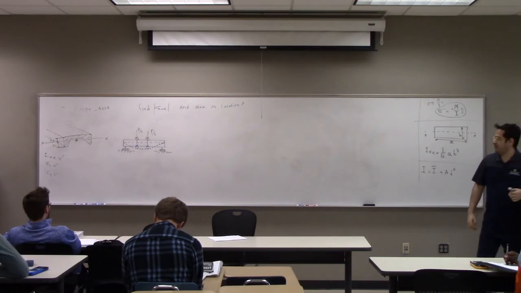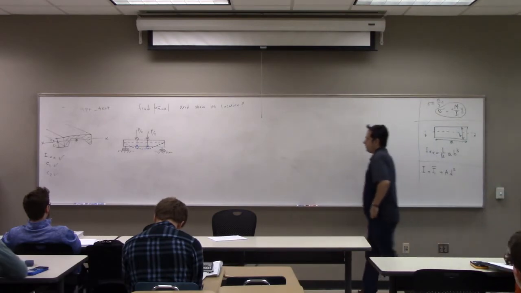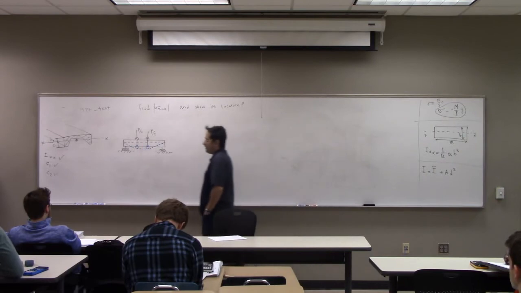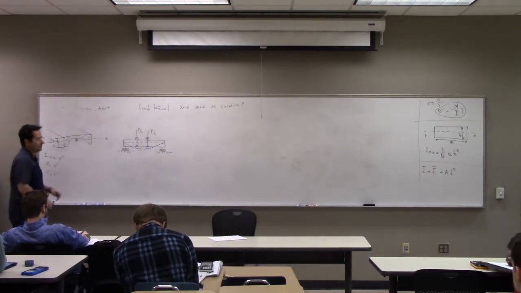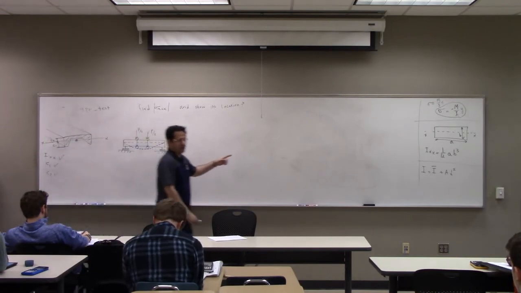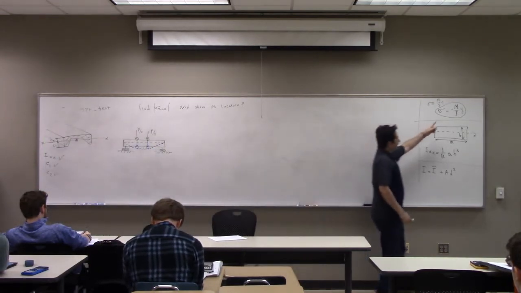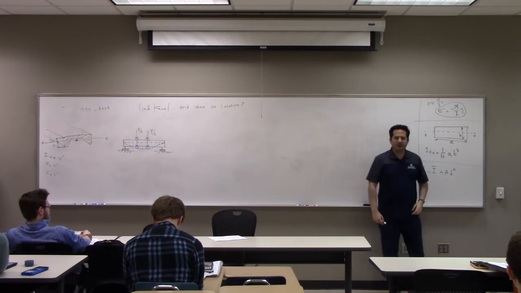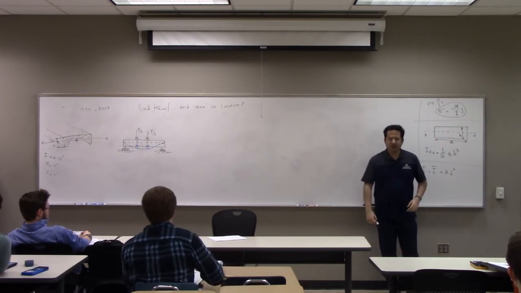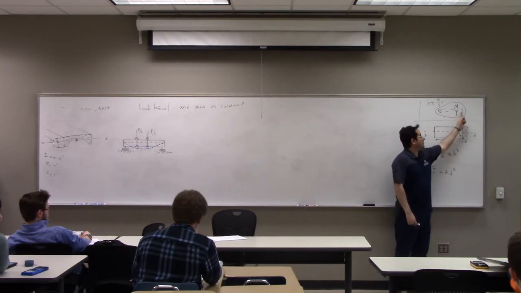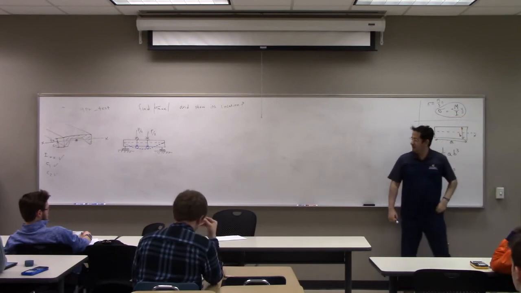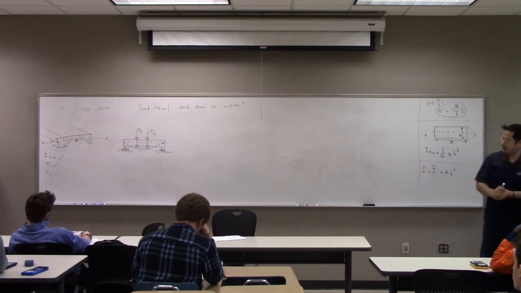So if I want to do it correctly, I would draw a moment diagram before I actually use this equation. And let's say I find the maximum moment from the moment diagram. Then I use this relation. But which one am I going to use for y? What quantity should I use for y?